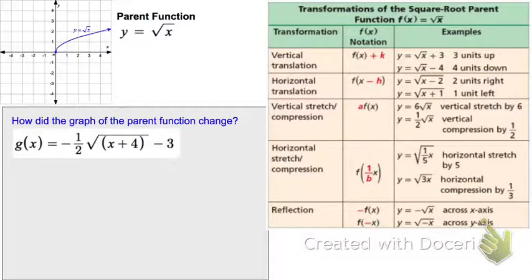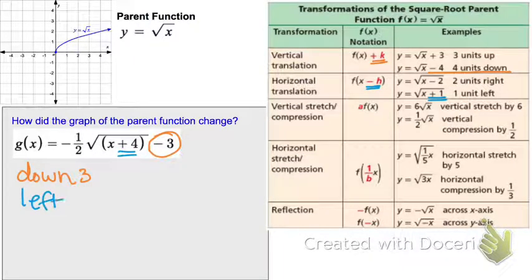This one is similar. I am just going to start again with the number dangling out here on the right, subtracting 3 after the function. That moved it down 3. Adding a number before you take the square root, that's going to move it to the left that many units.